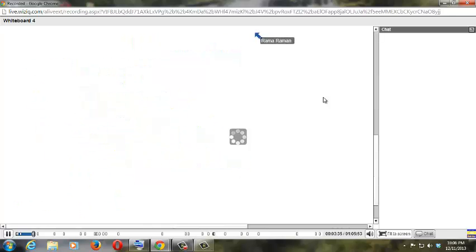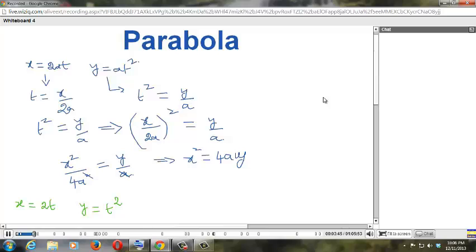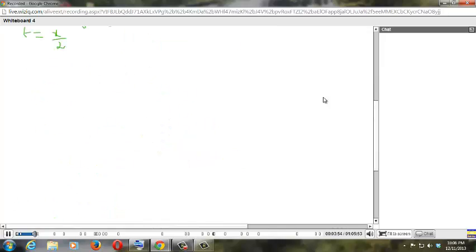Take up the particular example of the parametric equation x is equal to 2t and y is t square. Now, if we convert it to the Cartesian form, we will have t as x over 2, and as t square is y, we can replace t by x over 2.